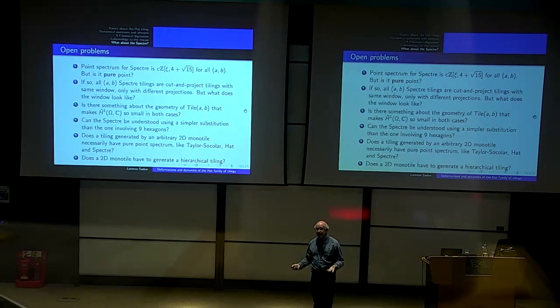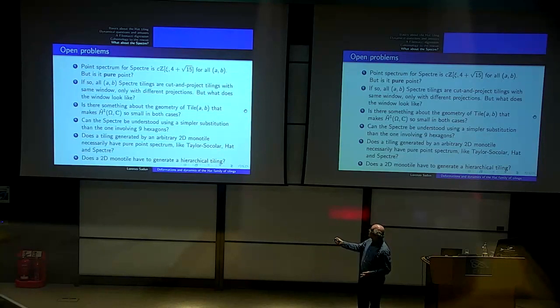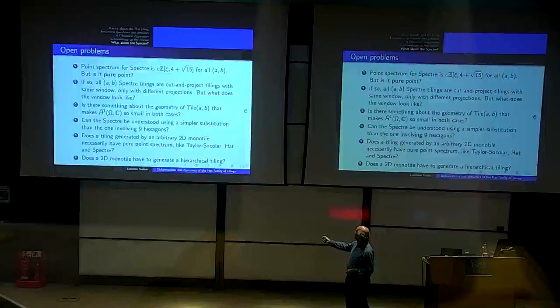We expect that it's pure point spectrum, and if it is, then it's a cut and project set. Okay? If it's a cut and project set, well, what does the window look like? Probably something vaguely hexagonal, but we don't know. Okay, and then we also had the fact that for both the hat and the spectre, the cohomology was the smallest it could possibly be.